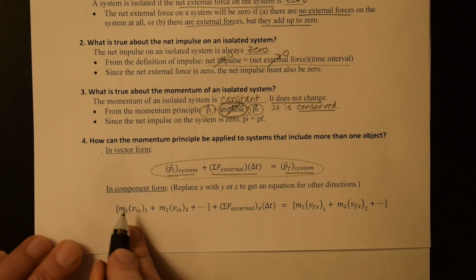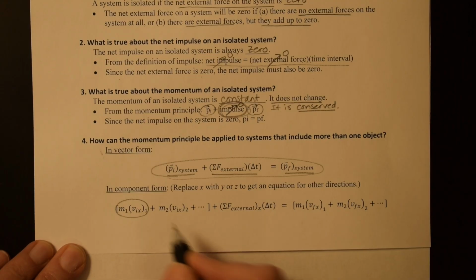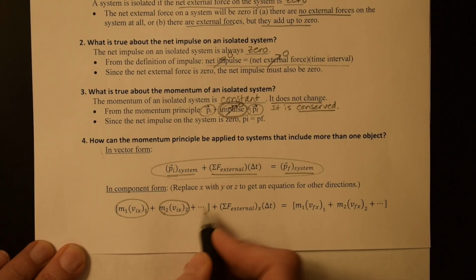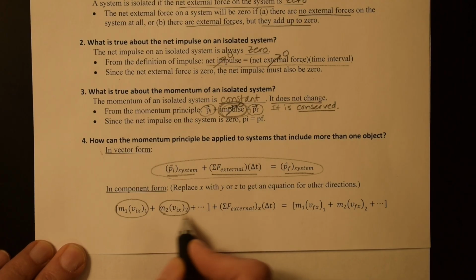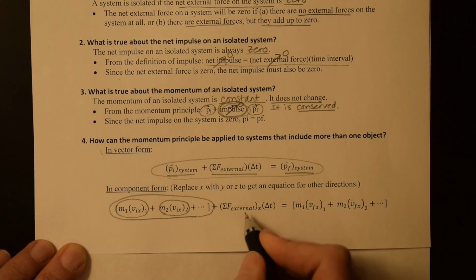If you look at this term right here, m1 times the initial velocity of object 1, this is just the initial momentum of one object. This is the initial momentum of the second object, and then you would just add in the initial momentum of however many more objects you have. So all of this just means add up the initial momentum of every object in your system.